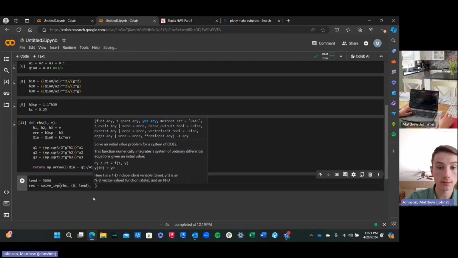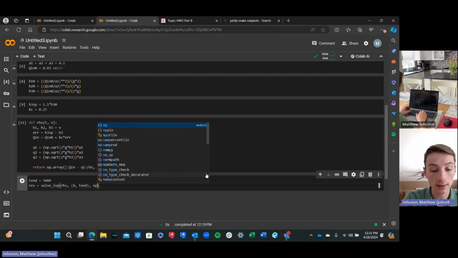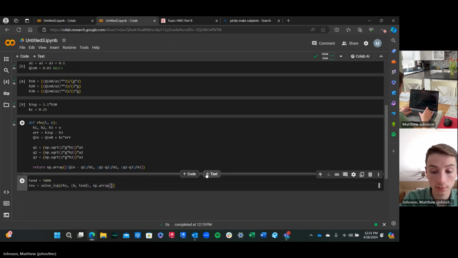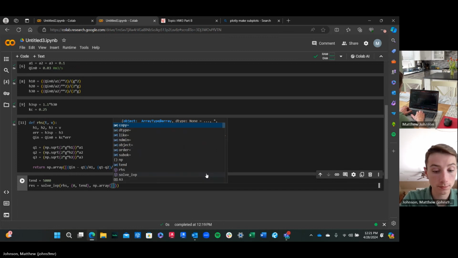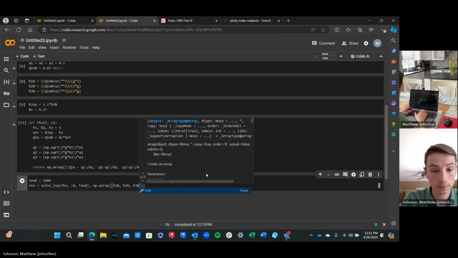Next was the initial conditions, which is going to be H1 naught, H2 naught, and H3 naught. So I'm going to put in an array here of those.